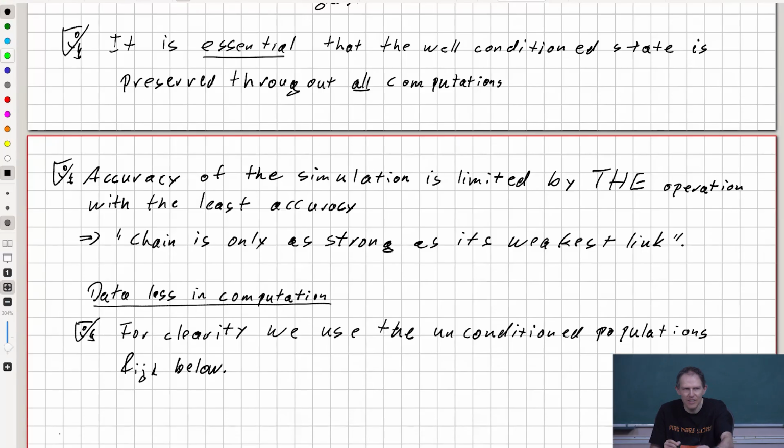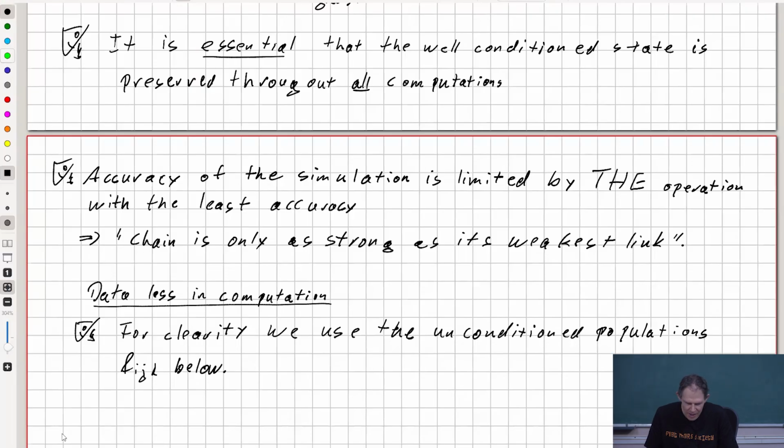Yeah, so in reality you have to combine these two things. You have to use the conditioned and you have to use the right way of doing the computation.